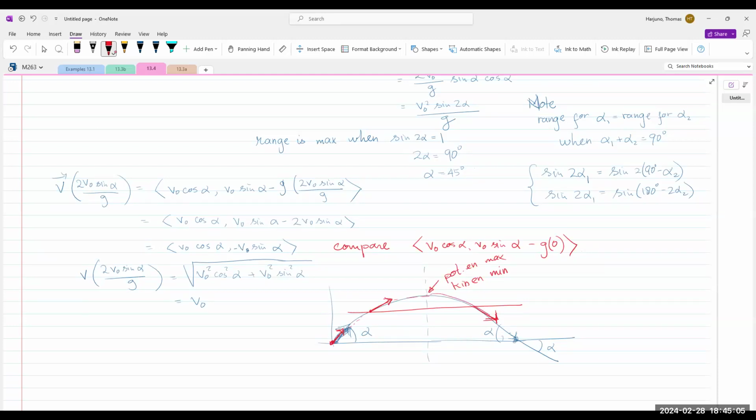Then when it goes down, you trade that back. Your potential energy is minimum because the height is now 0, but your kinetic energy is maximum. In fact, it should be the same as where you started.